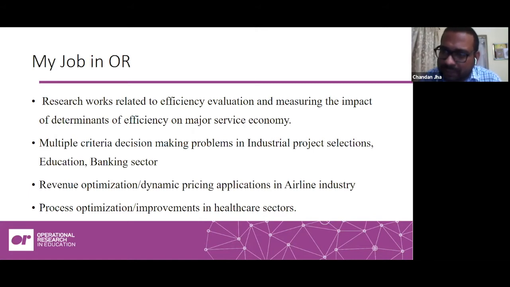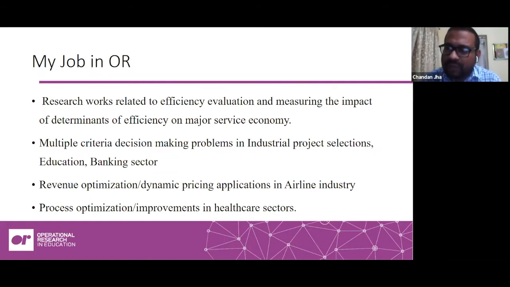For example, steel manufacturing organizations and companies: comparing India versus China or India versus UK. Similarly, in education, like UK, USA, Australia, India and other countries, we can compare the efficiency of different educational institutions.